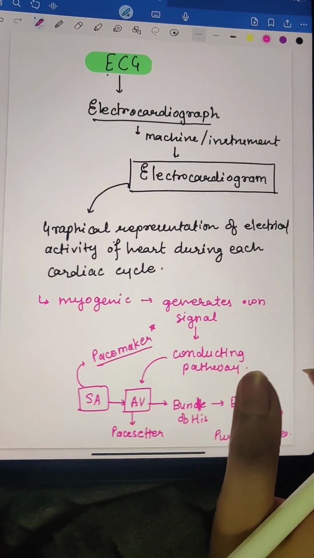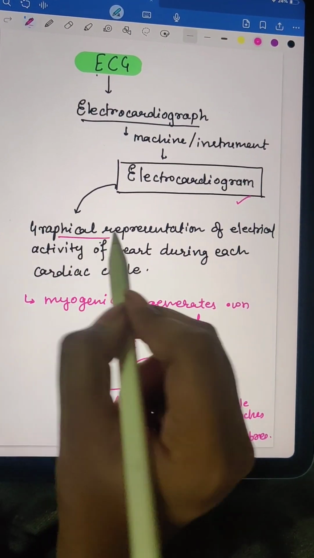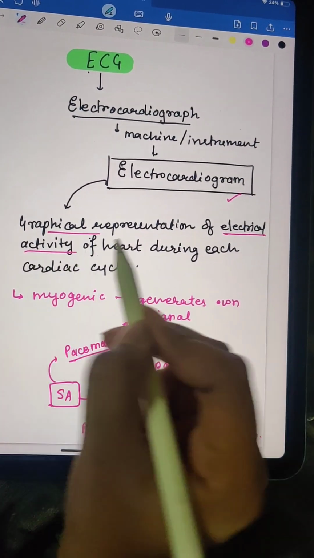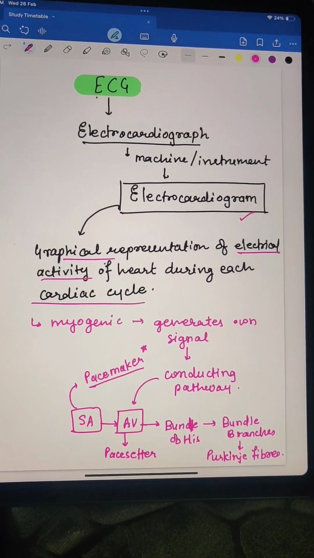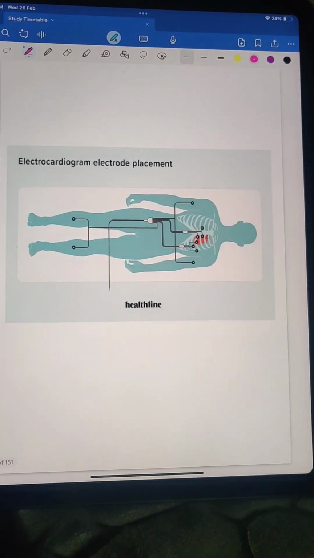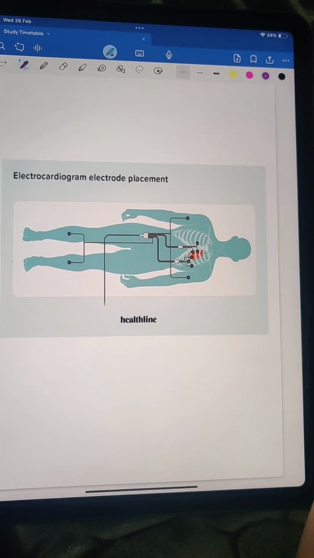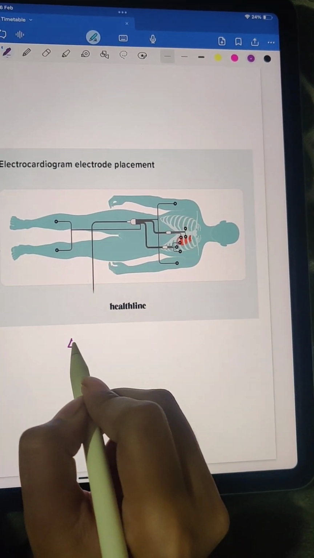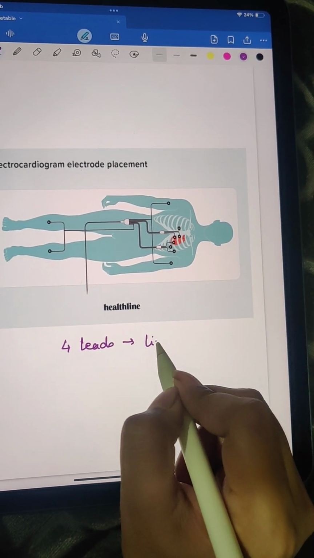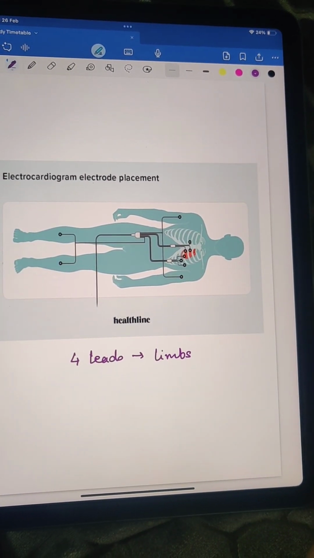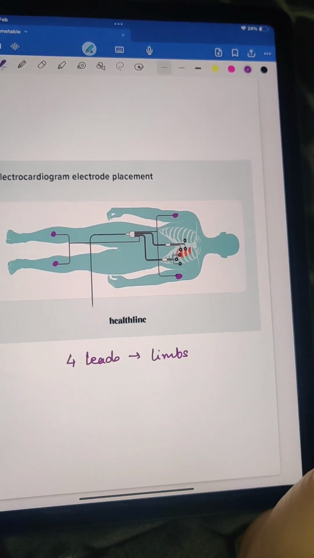Okay, so what is ECG? Electrocardiogram is a graphical representation of electrical activity of heart during each cardiac cycle. So how does this instrument or machine work? A person is connected to the machine like this, via electrodes. 4 electrodes or 4 leads you see are connected to the limbs. These are the limb electrodes, so 1, 2, 3, 4 limb electrodes.